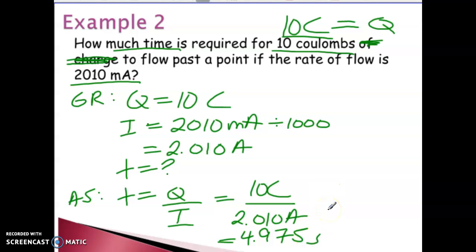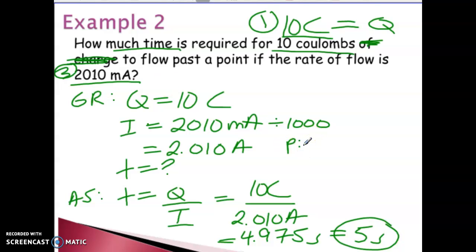And for significant digits, the number 10 has only 1, 2010 has 3, so we're going to have to round this to only 1 significant digit, which would be 5 seconds. Okay, so our final therefore statement is essentially 5 seconds passed at that rate of flow.